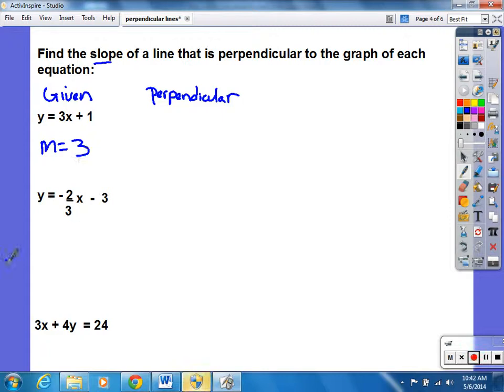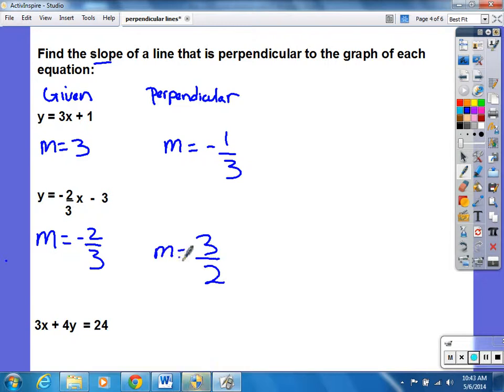The slope of a line that's perpendicular to that, remember, is going to be the negative reciprocal. So a perpendicular line will have a slope of negative 1/3. Here in the second equation, we have a slope of negative 2/3. The negative reciprocal of negative 2/3 would be positive 3/2. So the slope of a perpendicular line will be 3/2.